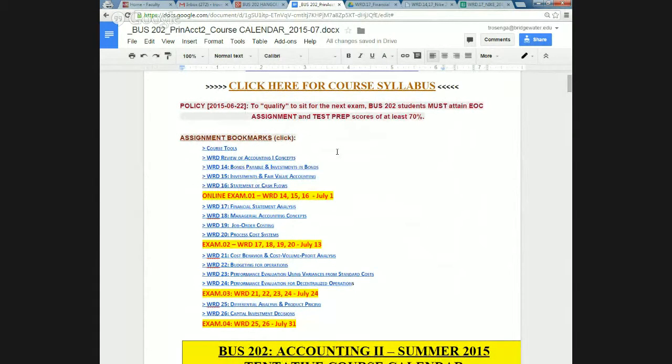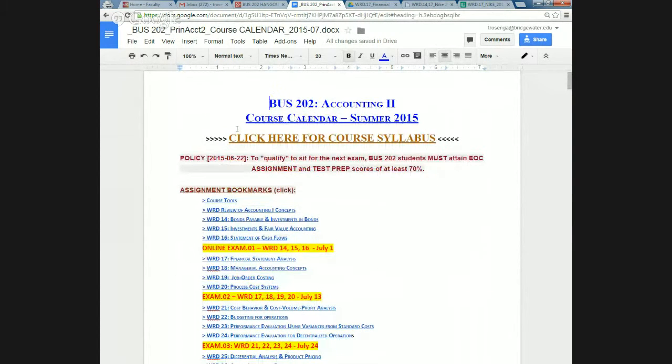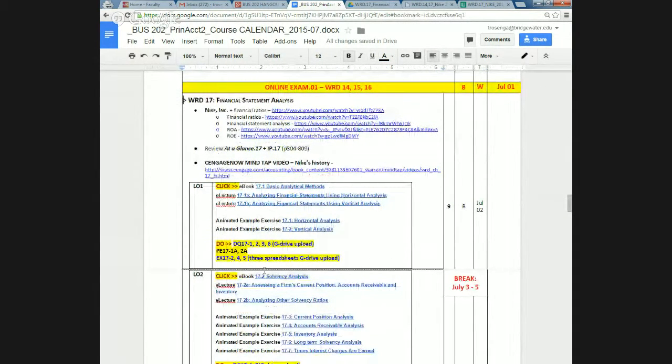It is getting lengthy, and so when you first see the screen, you can click on the desired chapter that you want, and you will automatically be taken to that particular location. To get back up to the top of the course calendar, just press the Control Home key and you automatically go there. Okay, so that was the additional information about what's going on with the course calendar.